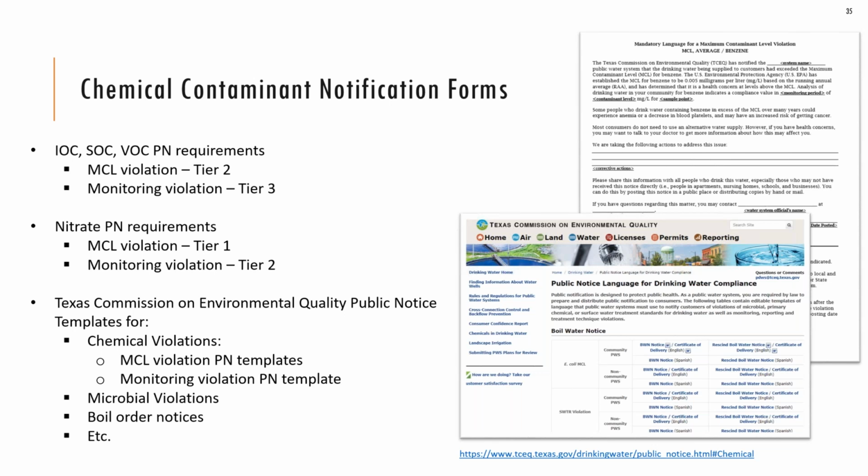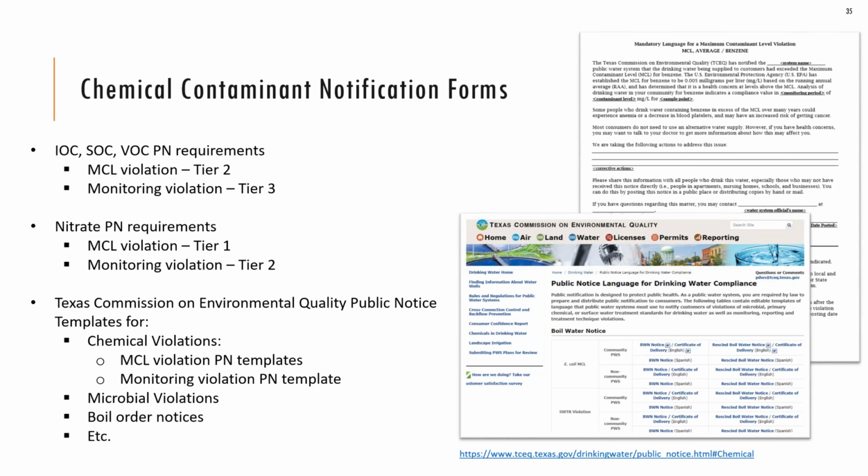Texas Commission on Environmental Quality, TCEQ, has a great list of public notice templates for the majority of the contaminants listed in the chemical contaminants rule. These are each individual templates for each contaminant. Utilities can use these templates and customize them to accommodate their utility or their state.